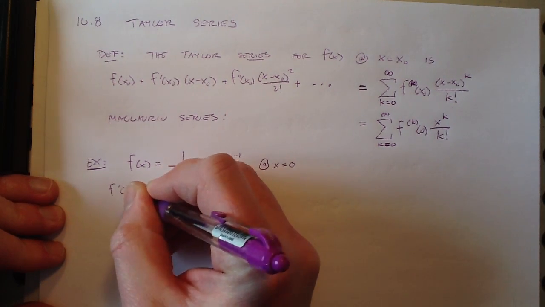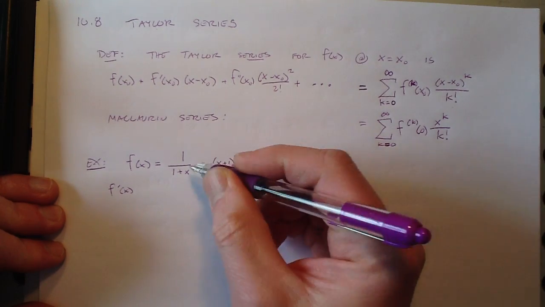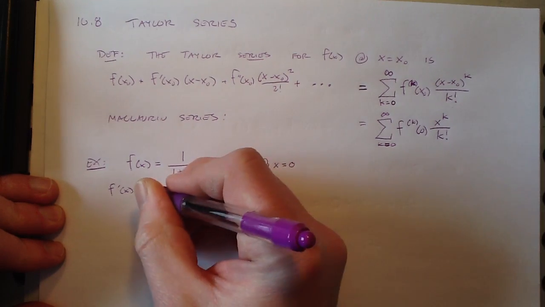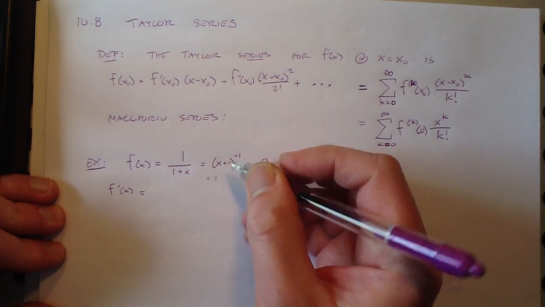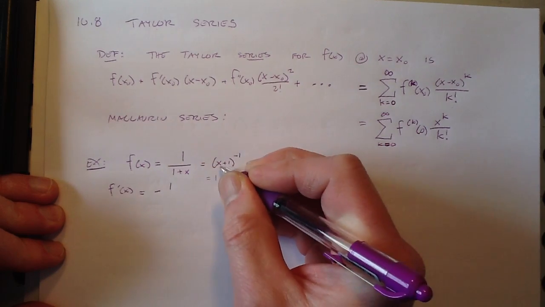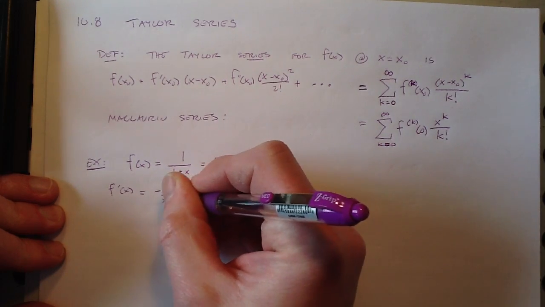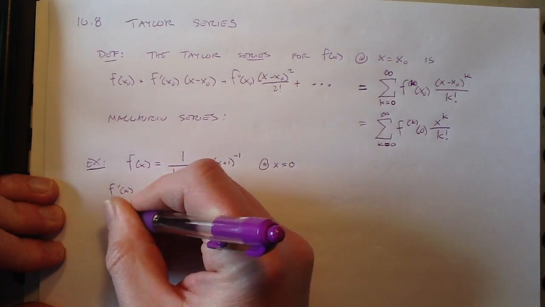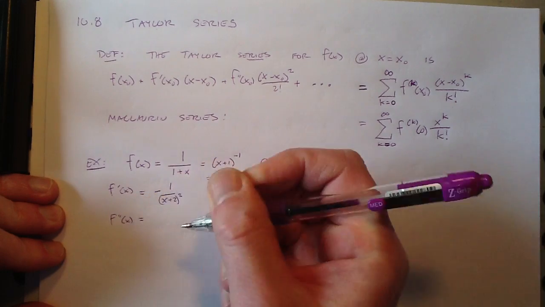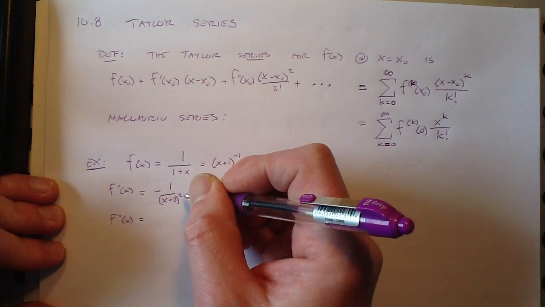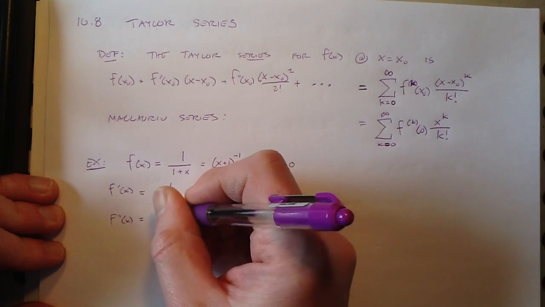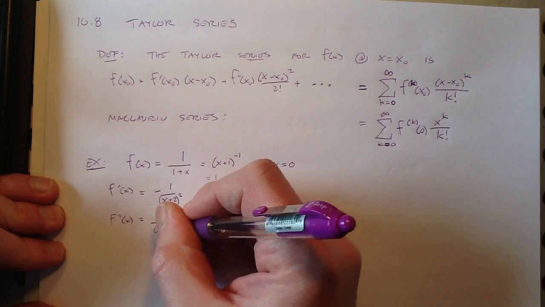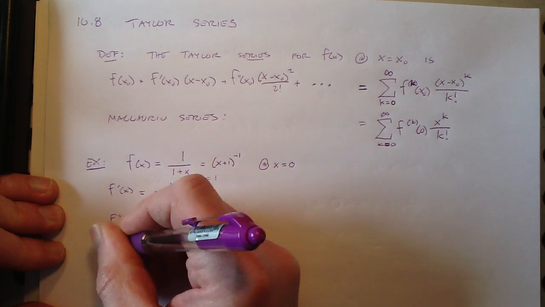So there's the function, and when you plug 0 in, that's equal to 1, right? And what would the derivative of this be? It would be negative 1 times x plus 1 to the negative 2, and then the second derivative is, let's see, that'd be negative 2 times negative 1, the negatives cancel out, over x plus 1 cubed.